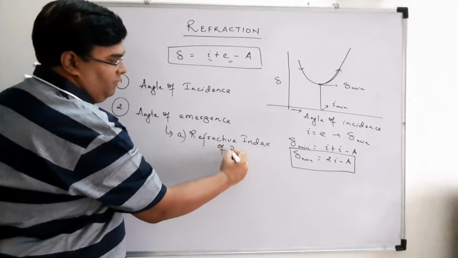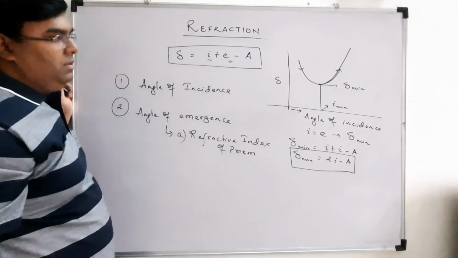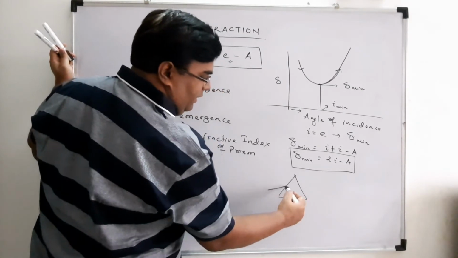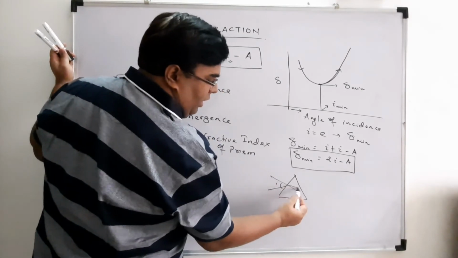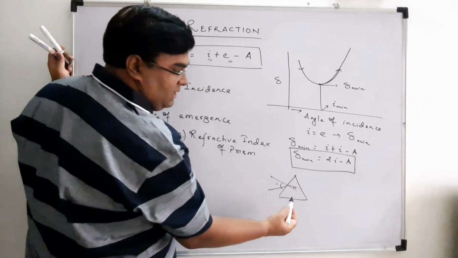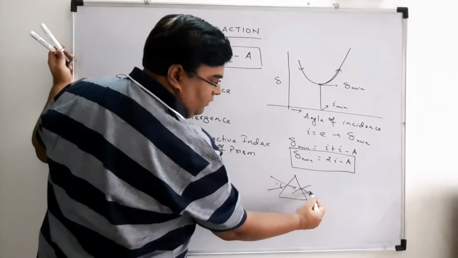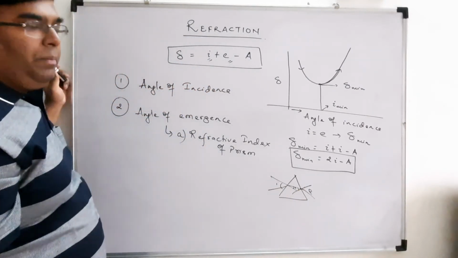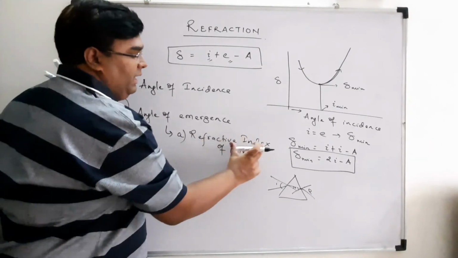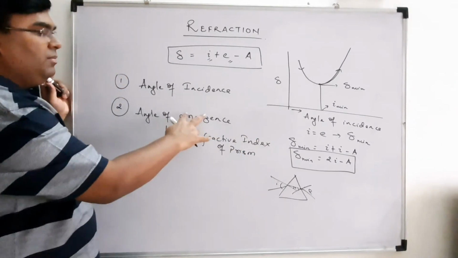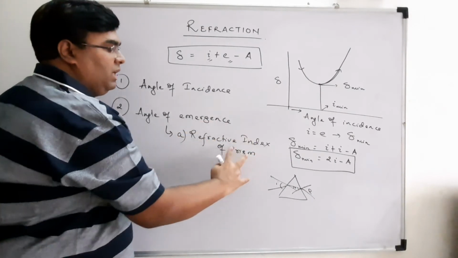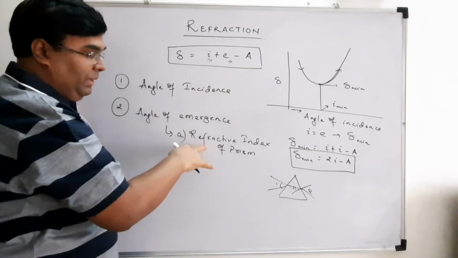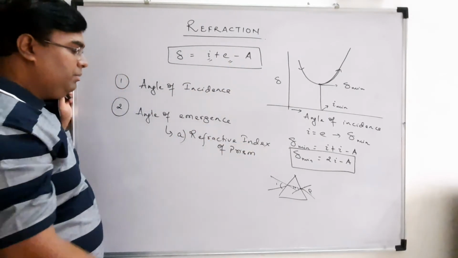Because if you look at the diagram, this I and this R will be decided by the refractive index, and this R also. So this whole deviation will depend on the refractive index of the prism. So the angle of emergence depends on the refractive index of the prism. Hence the deviation, which is dependent on the angle of emergence, is dependent on the refractive index of the prism.